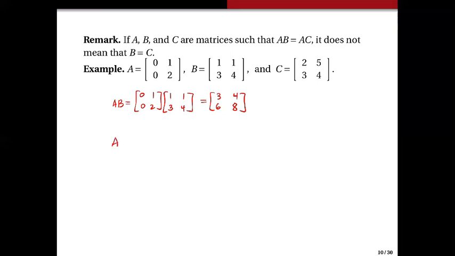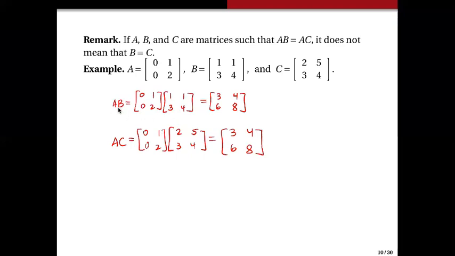Now AC. Sorry, I have to put the A first. So this is your A, 0, 1, 0, 2. If you try to do this, you will still get 3, 4, 6, 8.